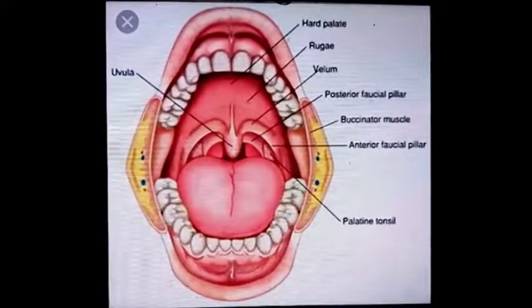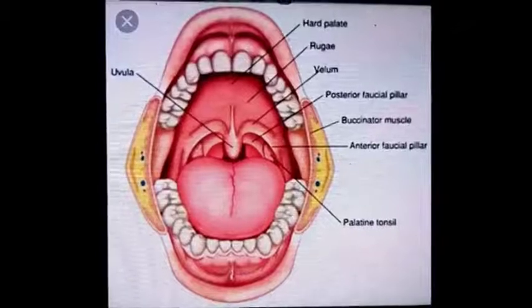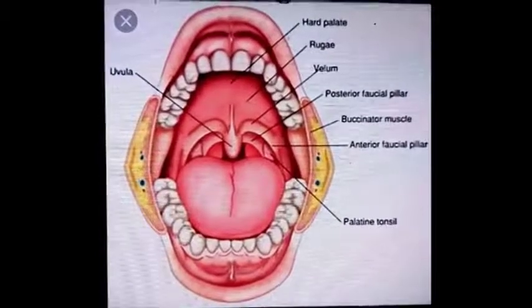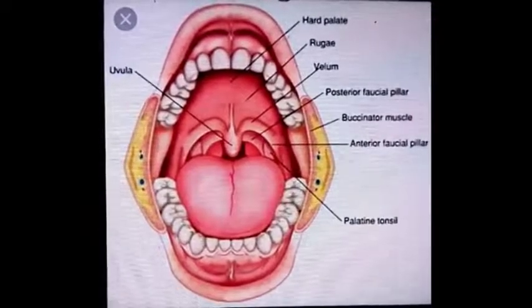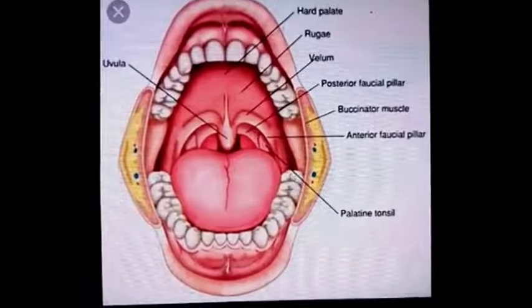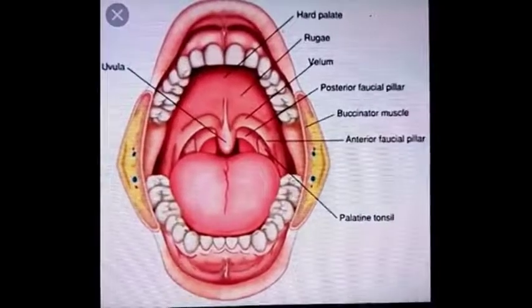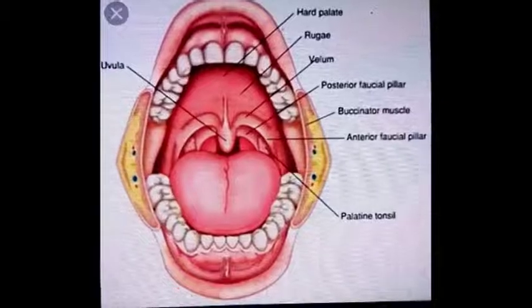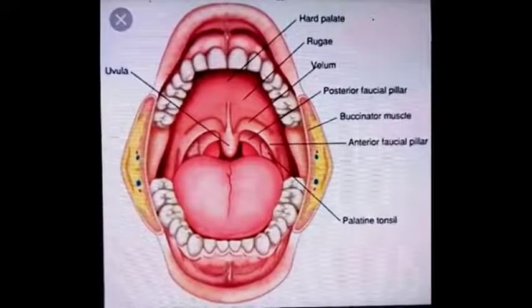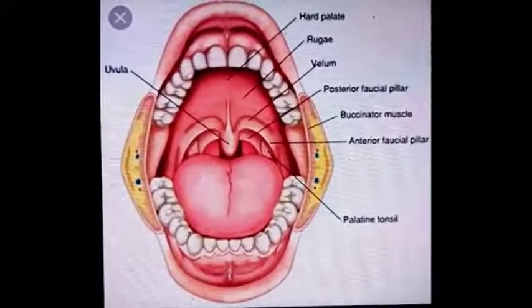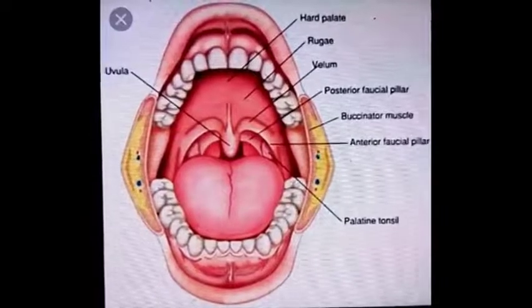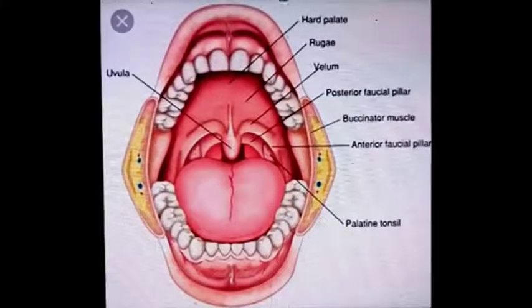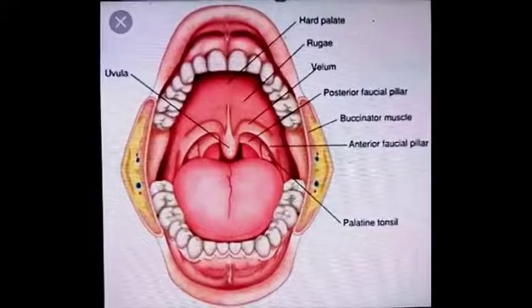Palatine tonsils are commonly known as tonsils and occasionally called faucial tonsils because these are located in the fauces. Fauces means an arched opening at the back of the mouth leading to the pharynx.